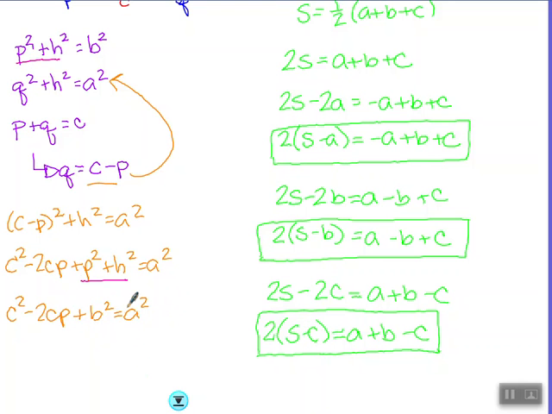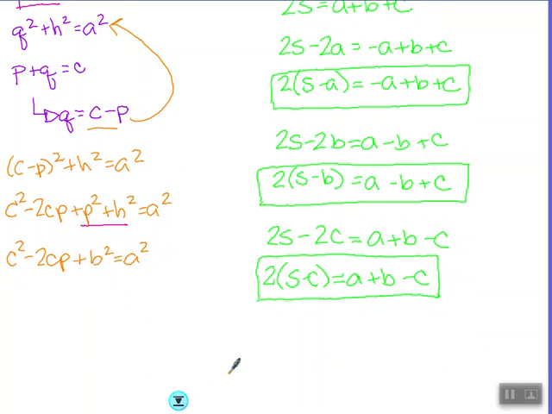Now I'm going to solve this equation for P. And then I divide by negative 2C. So I have this equation equals P.